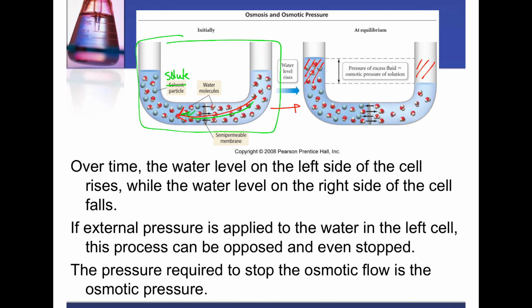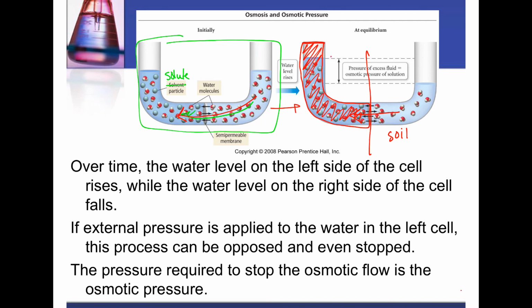Or another thing that happens is if this is a closed system. So imagine that this is a root to a plant here, and this is the soil with water in it. Water will keep on moving into the root until the root fills up. When it reaches a high enough pressure inside the root, it stops the water from moving.